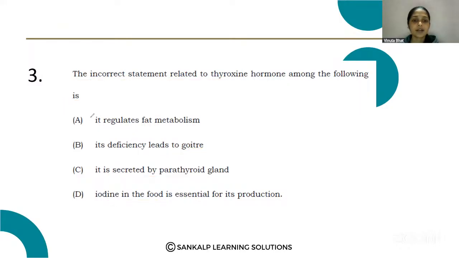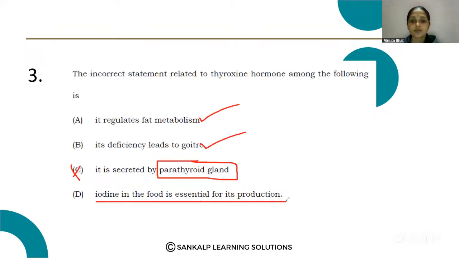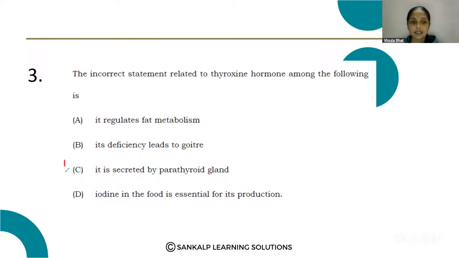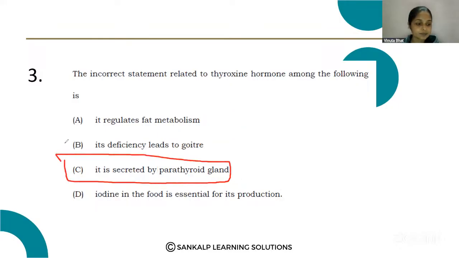It regulates fat metabolism, yes, it is involved in fat metabolism. Deficiency leads to goiter, yes, that is correct. It is released by the parathyroid gland, no, it is not. It is released by the thyroid gland. Iodine in the food is essential for its production, that is also correct. The incorrect statement is option C, it is secreted by the parathyroid gland.